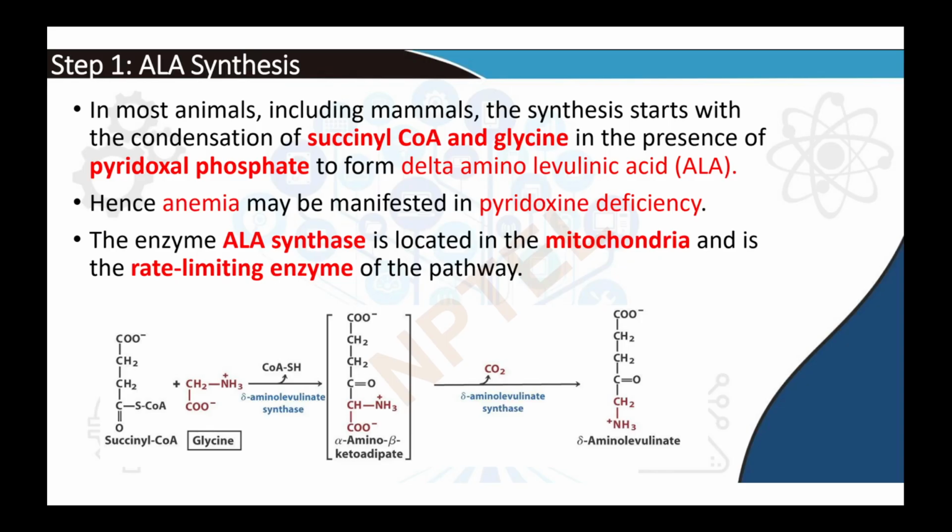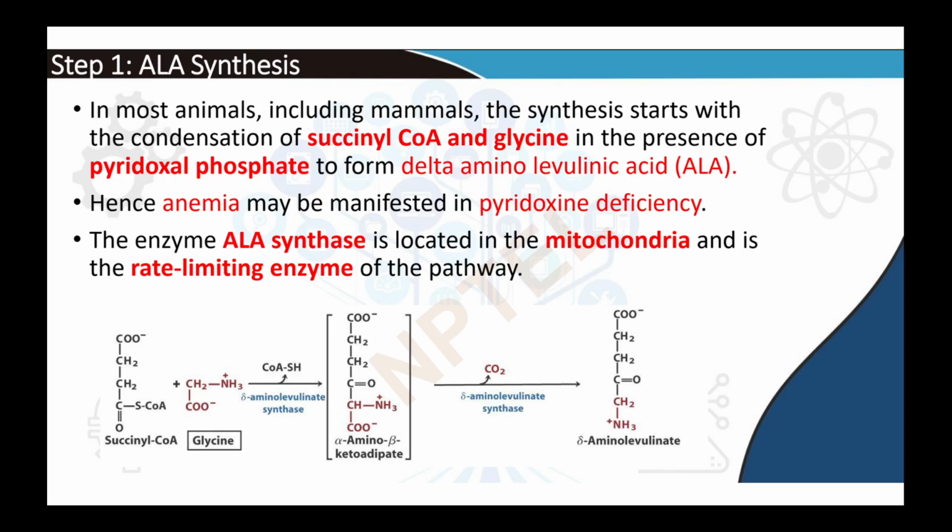In case of pyridoxine deficiency, anemia may be manifested because this reaction occurs in the presence of pyridoxal phosphate. This enzyme ALA synthase works along with pyridoxal phosphate.